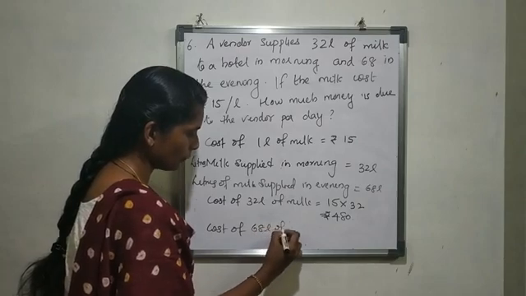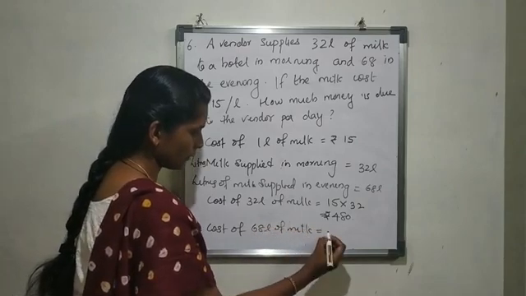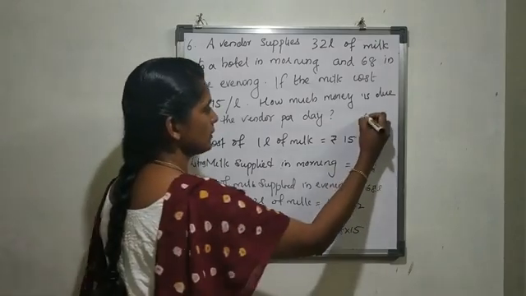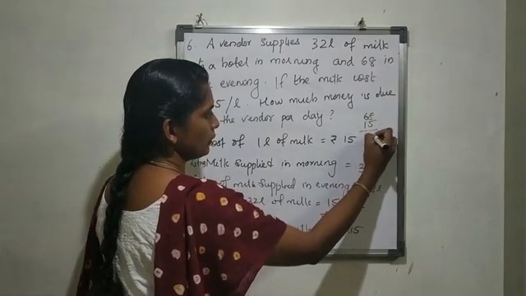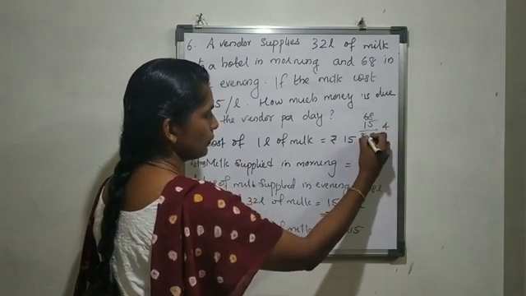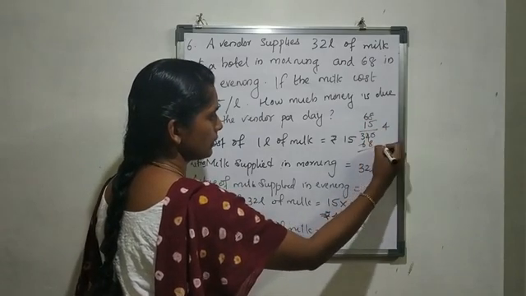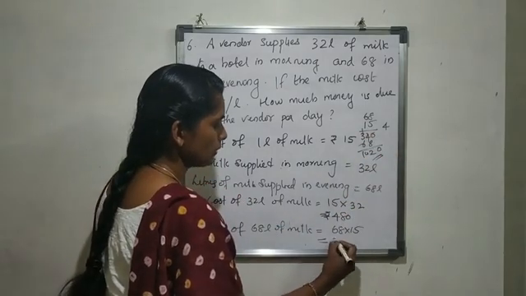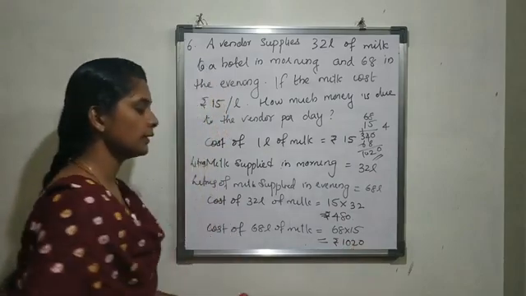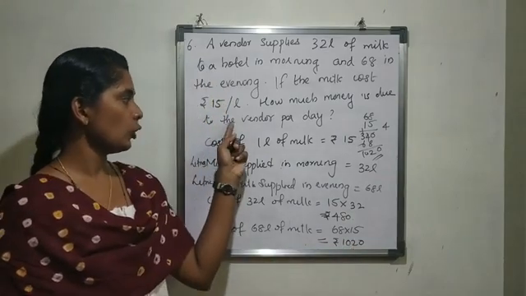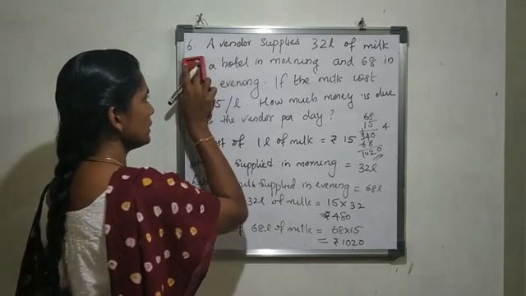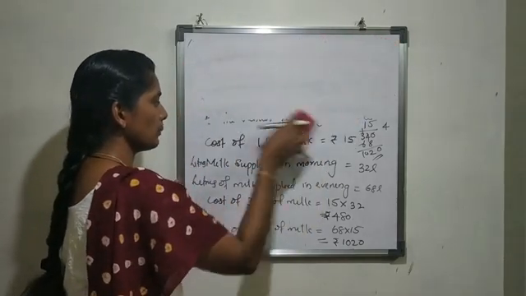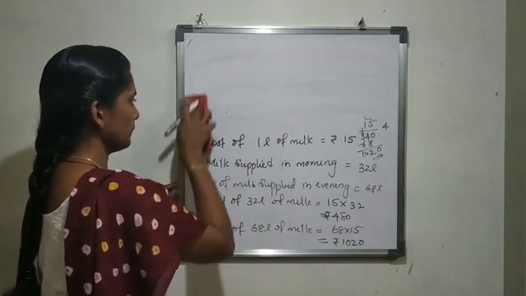Then cost in the evening, it is 68 litre of milk. That is equal to 68 into 50. The cost in the evening is 3400. Then we have to find how much money is due to the vendor per day. Per day, how much is the total amount? We can find out the total amount.